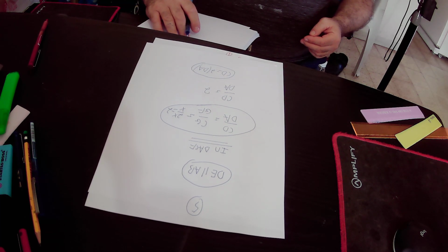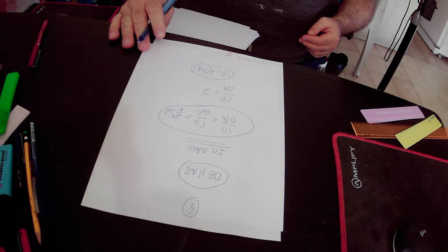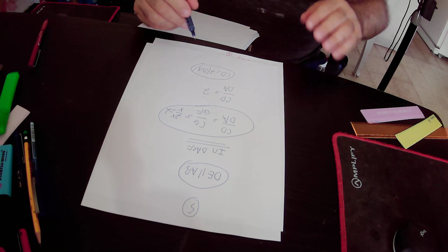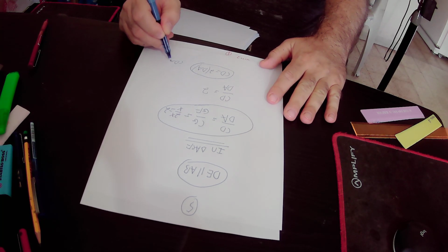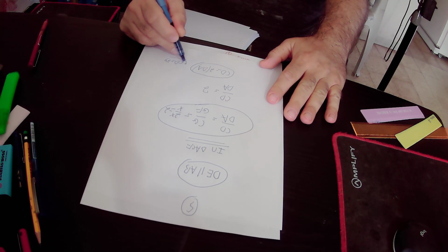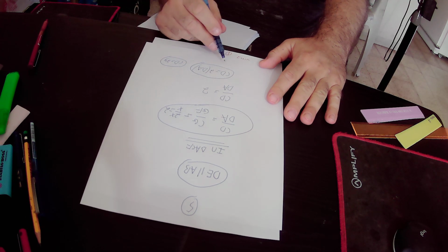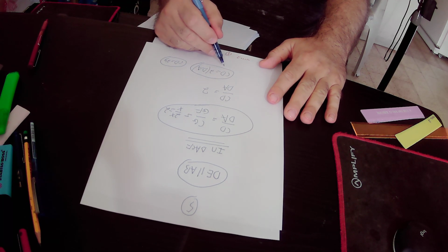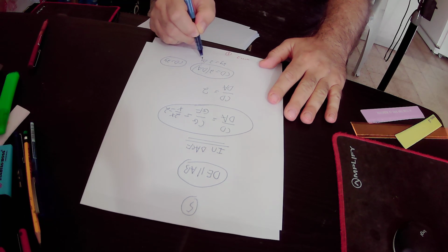And if we define CD as 2y, that is to say CD equals 2y, we substitute CD by 2y, and we get that 2y equals 2 times DA. Then we divide this equality by 2 and we get that DA equals y.